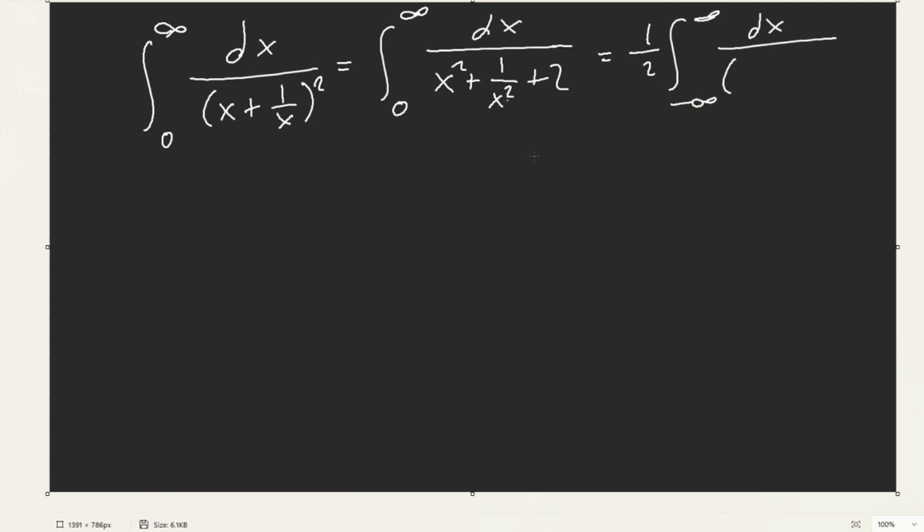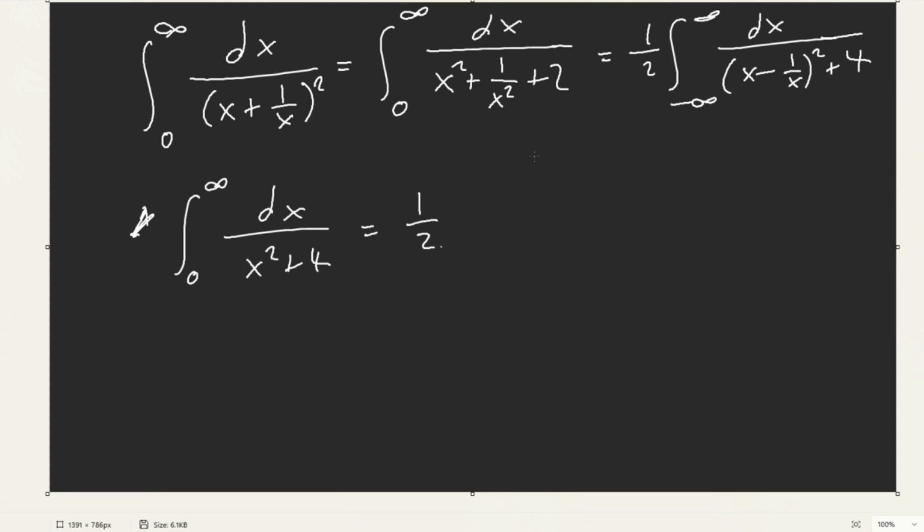Then we're going to go like x minus 1 over x squared. So I did minus 2 plus 4. Ooh, would you look at that? Okay. So now, with backhanded symmetry and then with Glasser's master theorem, we end up getting x squared plus 4. This is now 1/2 of inverse tangent of x over 2, 0 to infinity.